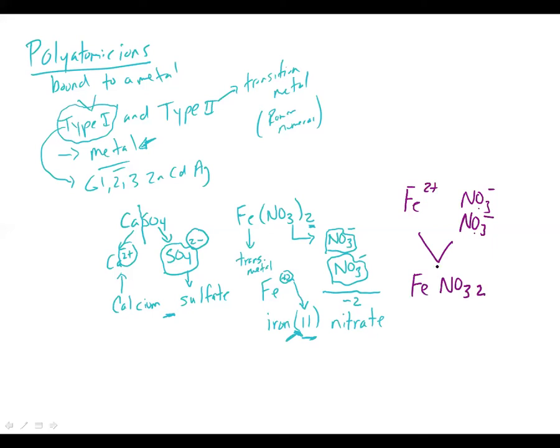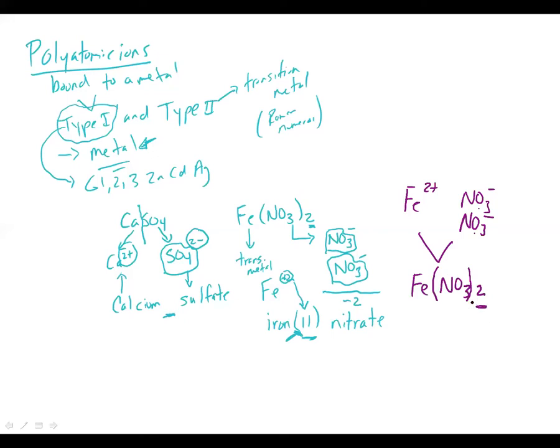So whenever you have more than one polyatomic ion, you do have to put parentheses around the polyatomic ion, and you do have to put the little number on the bottom to indicate how many of those polyatomic ion units you have.